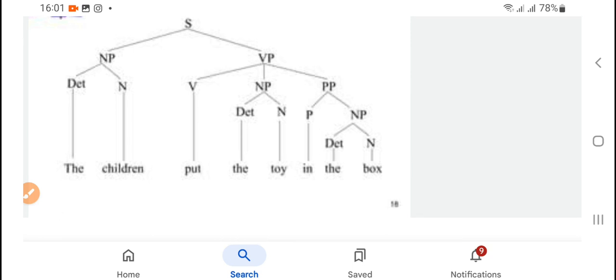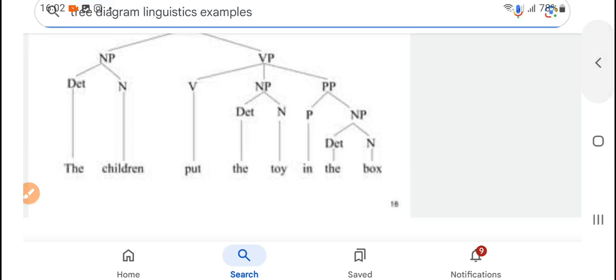The children, what did they do? Put the toy in the box. So the children, right, put verb, the toy, noun phrase, and then in the box, in is preposition, simple sentence, right?